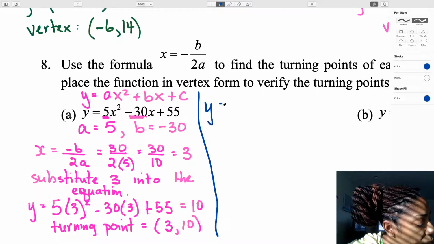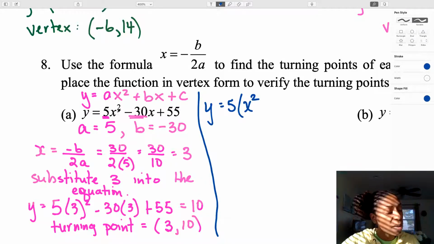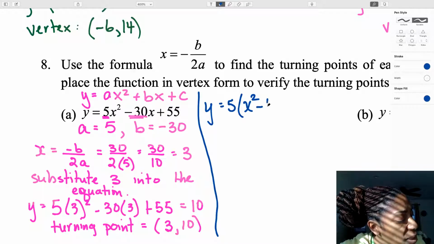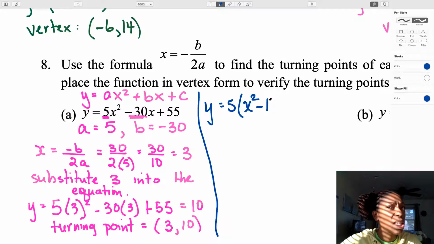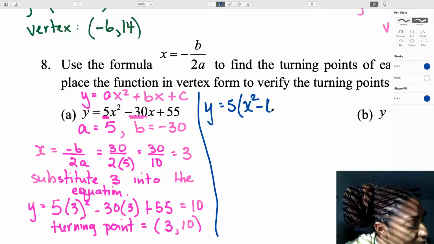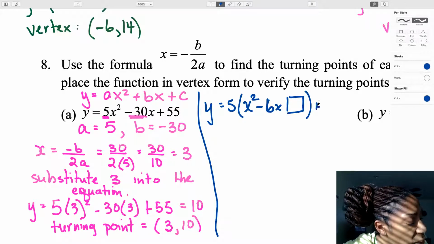So we'll say 5 times x squared. And then 5 times what will give me negative 30x? Negative 15. No, 5 into 30 is 6. Negative 6x. And then we have to find the new c. And we put the plus 55 out here.